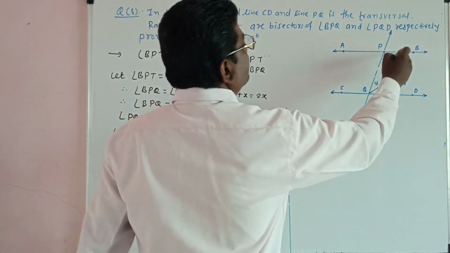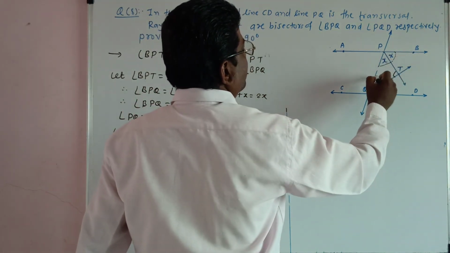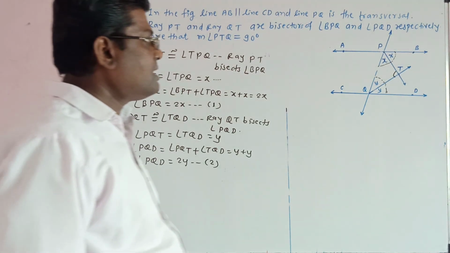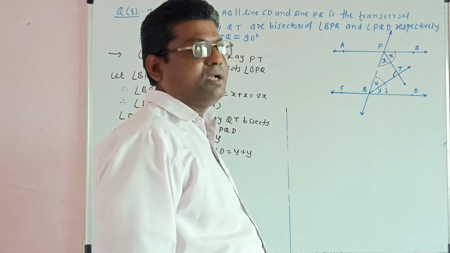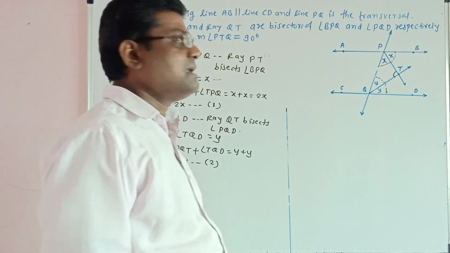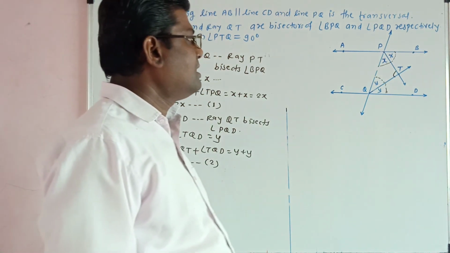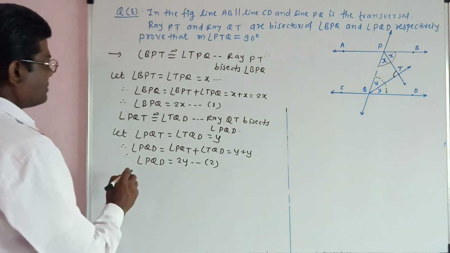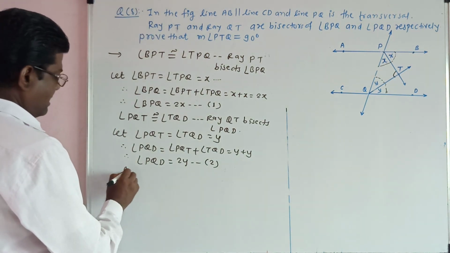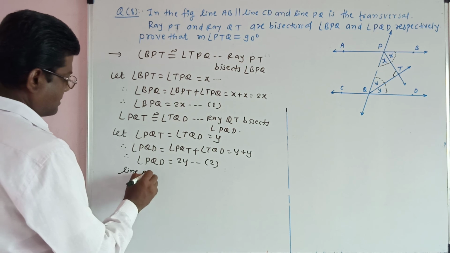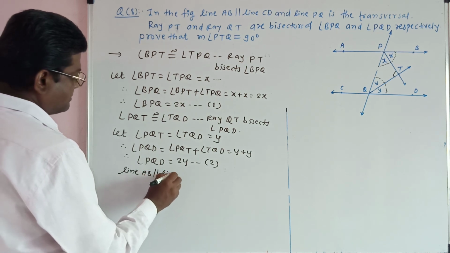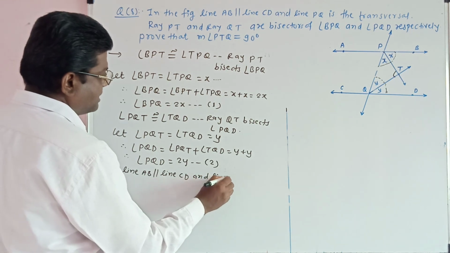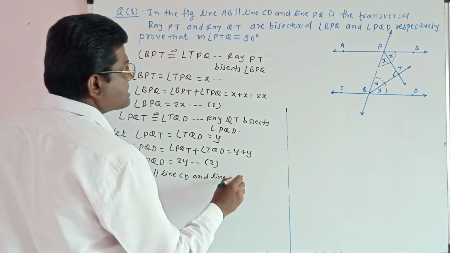Now this angle and this angle are interior angles. So the sum of measures of interior angles on the same side of the transversal is supplementary for parallel lines. So we write here line AB is parallel to line CD and line PQ is a transversal.